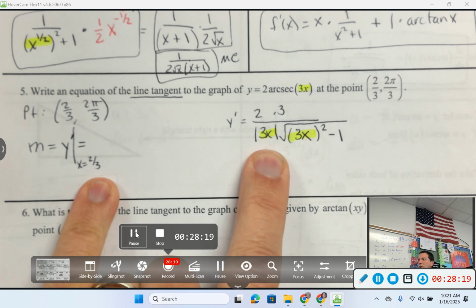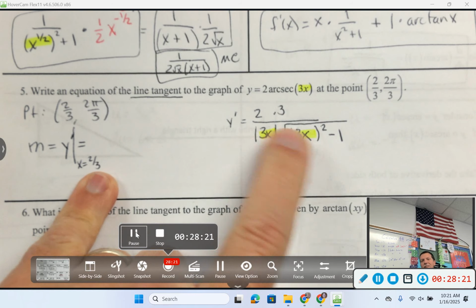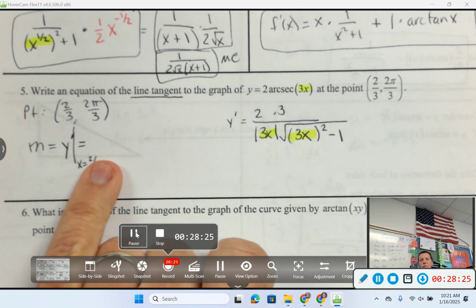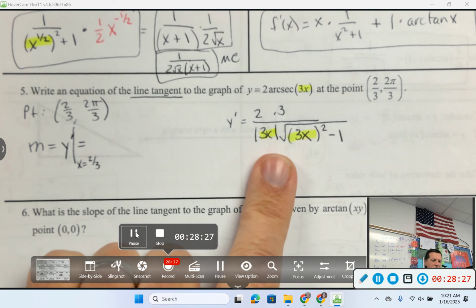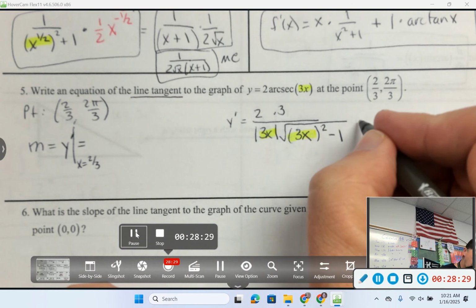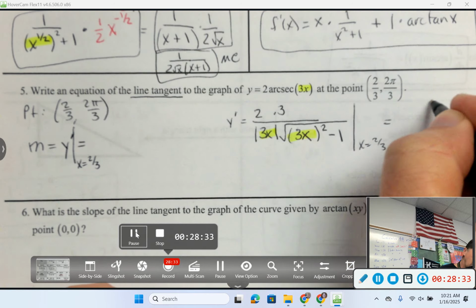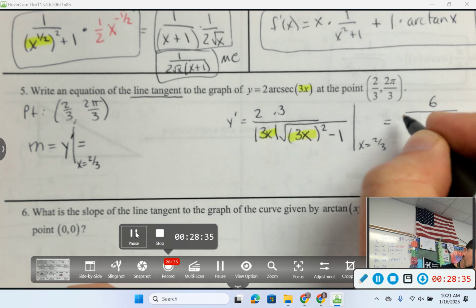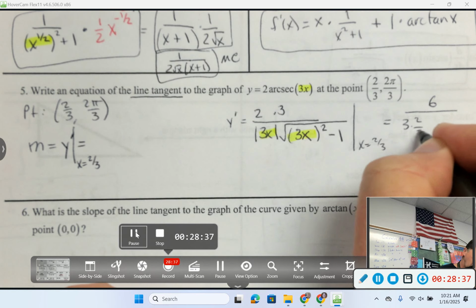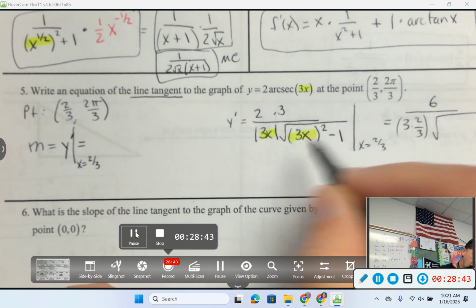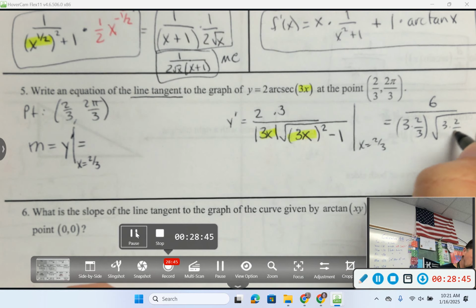That's just 2. So yes, I can reduce those 3's, and yes, I could make this 9x squared, but since I'm plugging in 2/3, it might be better to just leave it as is, and then plug in the 2/3. So 6 over 3 times 2/3, square root of 3 times 2/3 squared minus 1.